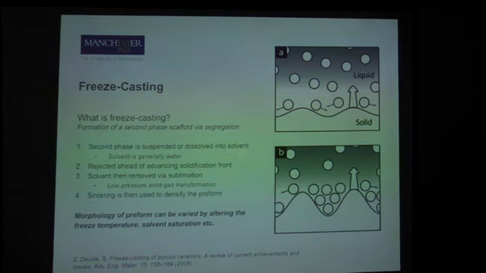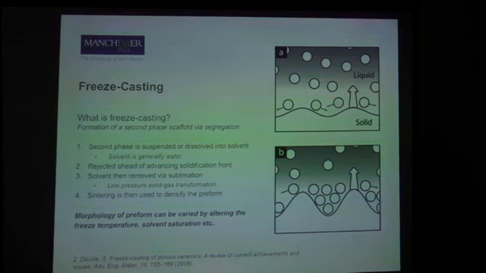More specifically, you suspend second phase particles in a solvent, generally water or water with some kind of additives, and then directionally solidify that before removing the solvent via sublimation, a direct transformation from solid to gas, before sintering it to get the final densification.